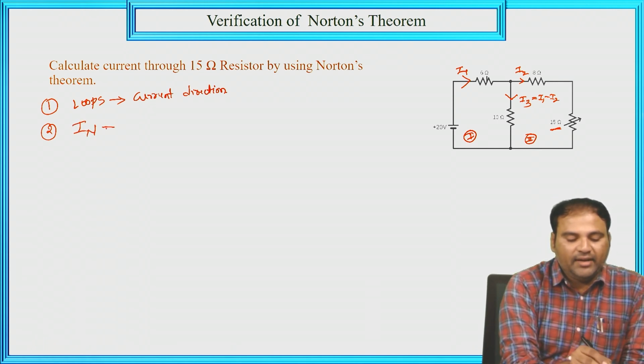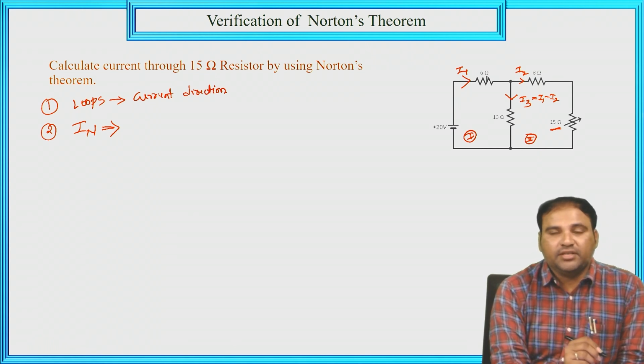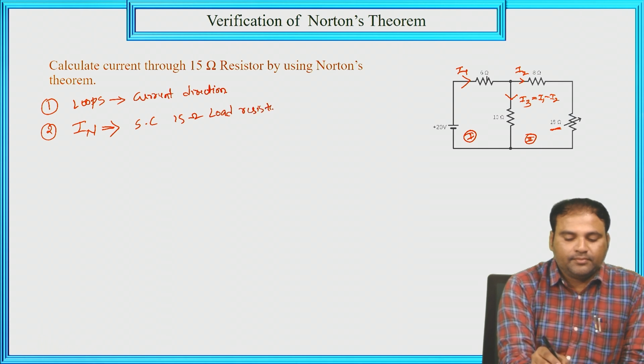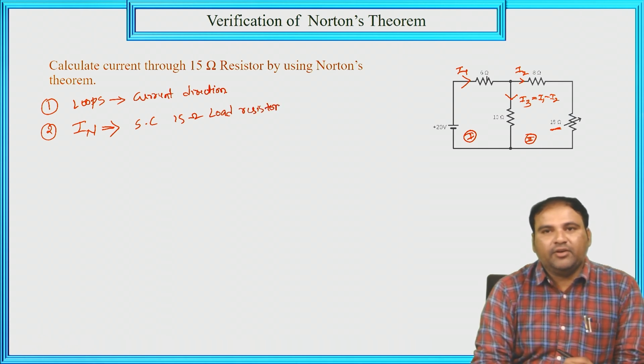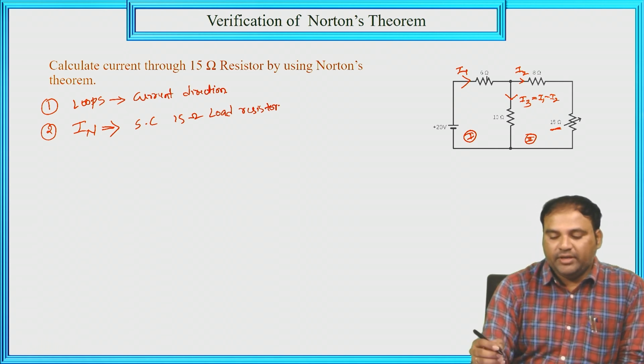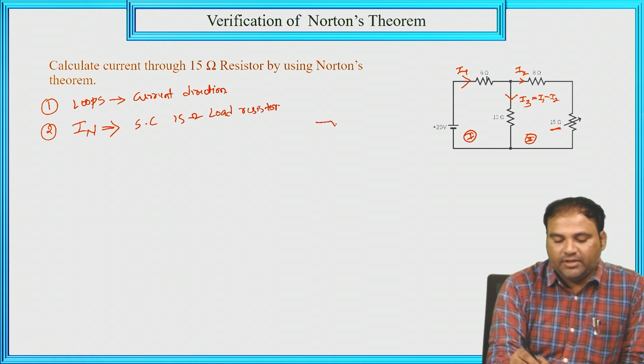So how can we calculate the Norton's current? By short circuiting the 15 ohm load resistor. So short circuit the 15 ohm load resistor, then find out the Norton's current. Okay, so here is the circuit. The circuit is like this.